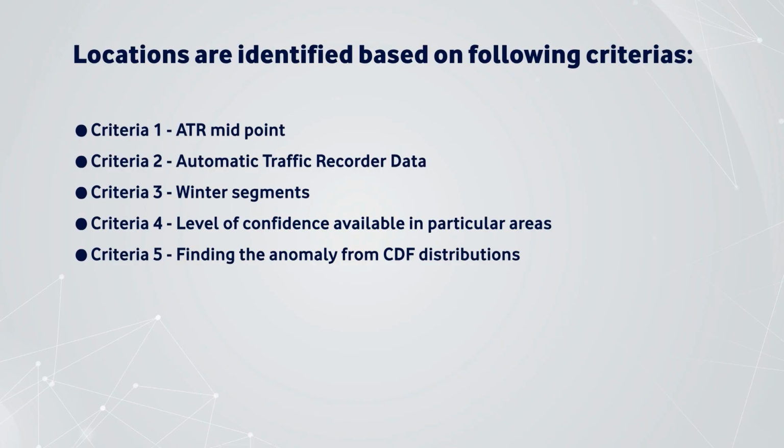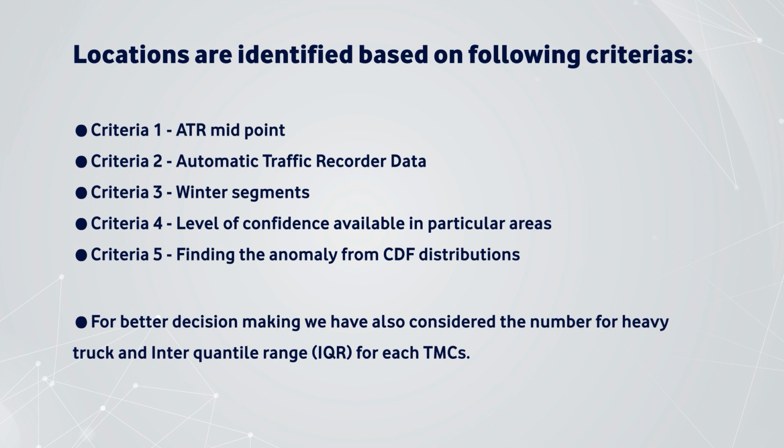Not only that, we have also taken another criteria which helped us to select these locations. So we tried to find the anomalies from the different graphs. We have taken the CDF distribution graph for better decision making. We also considered the number of heavy trucks and interquartile range for each of these TMCs.